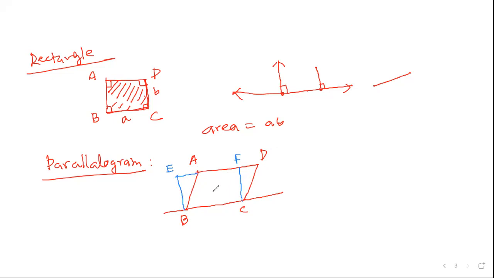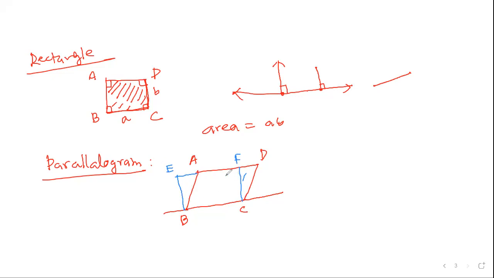Now the interesting thing is, this part, if you cut it and put it here, it will fit. If you take this FCD area and you put it on the AEB, then it will fit on this AEB.